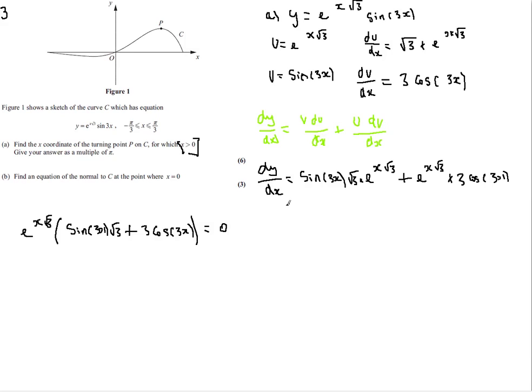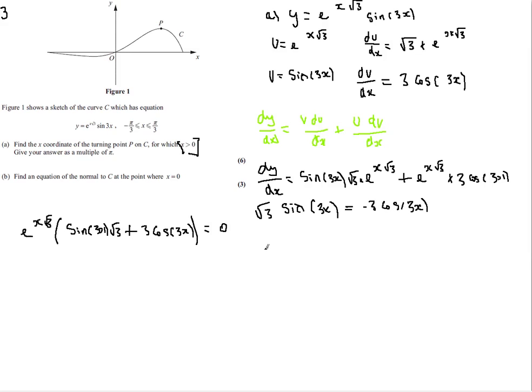So we say that root 3 sine 3x equals minus 3 cos 3x. What I've done is skip a stage there: I've made this bit of the bracket equal 0 and moved this term to the other side.